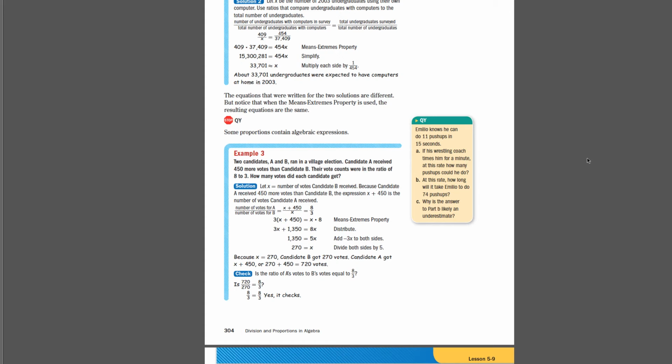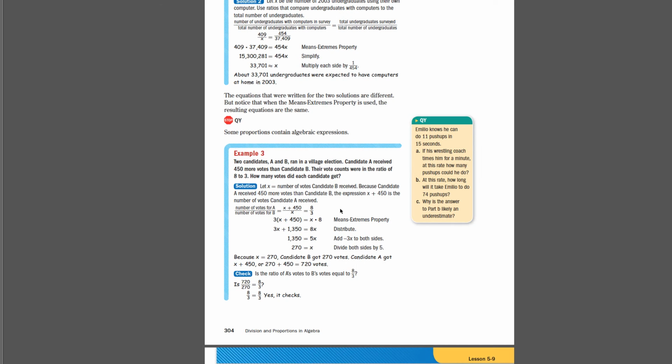Candidate A got 270 votes plus 450 votes equals 720 votes. So now we know how many votes each candidate got, and we could also calculate how many total votes were cast. So that's making use of algebra and the idea of proportions to write this problem.